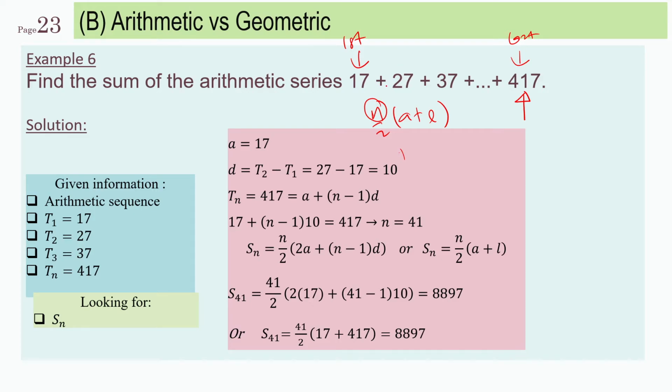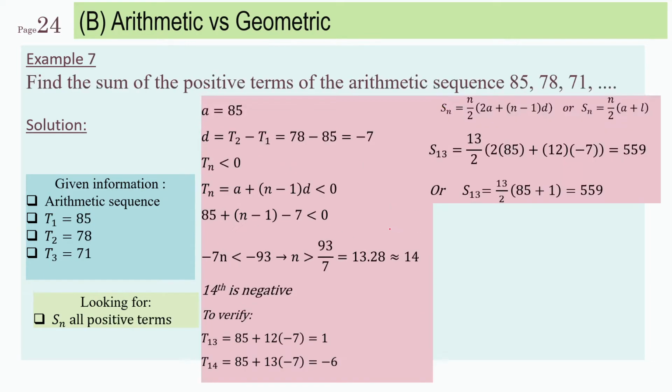What is my d? 27 minus 17 actually is 10, and I get my n equals 41. So once I have n equals 41, straight away you can substitute into this formula. If you don't like, you can still use n over 2 (2a plus (n minus 1)d). They are the same.